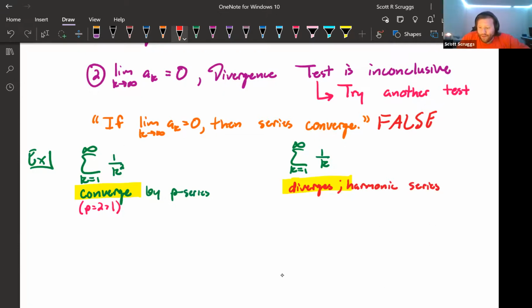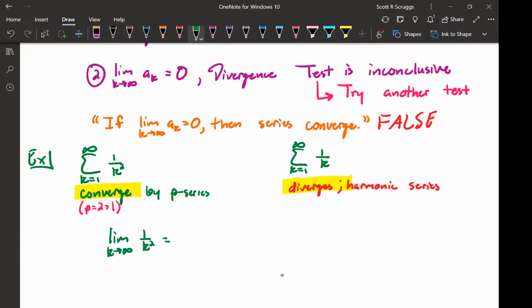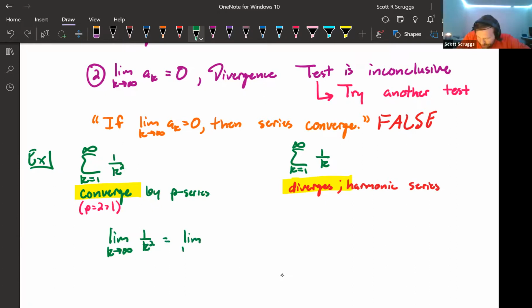Now, thing to note, I've got one series that will converge, the other series will diverge, but if I take the limit of the terms within that series for both of them, I'm going to get 0 for both.